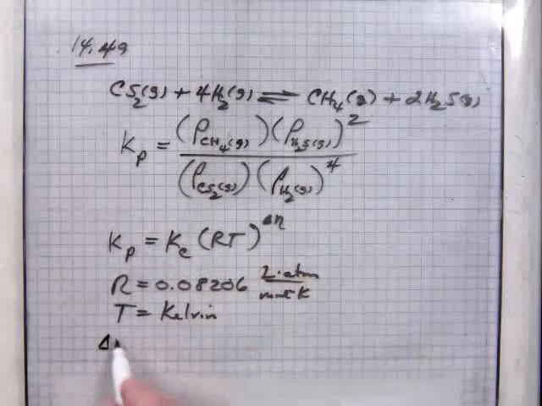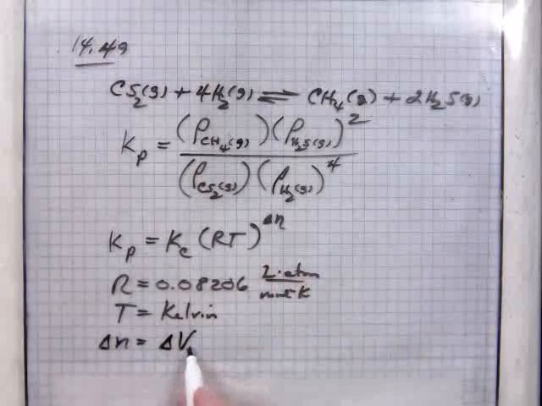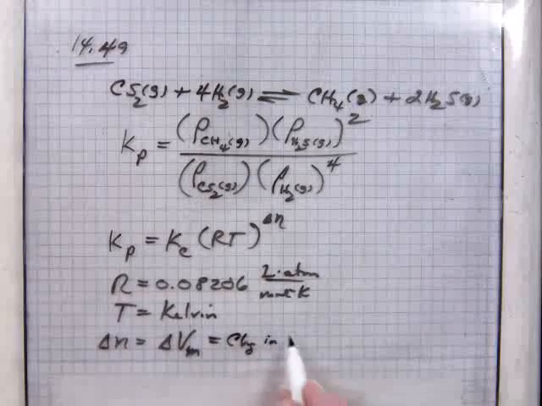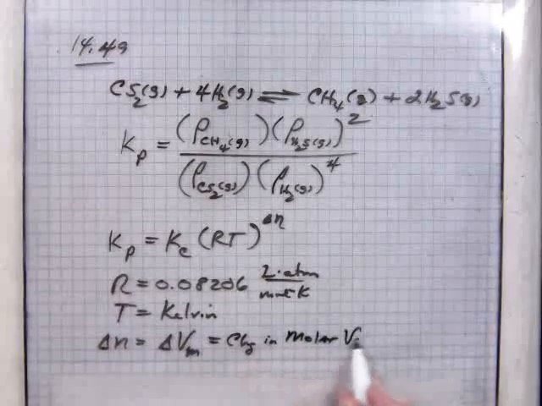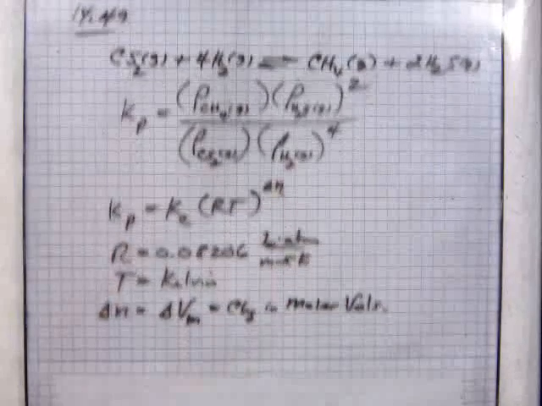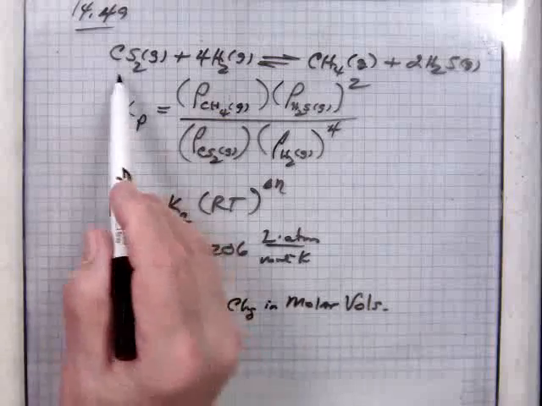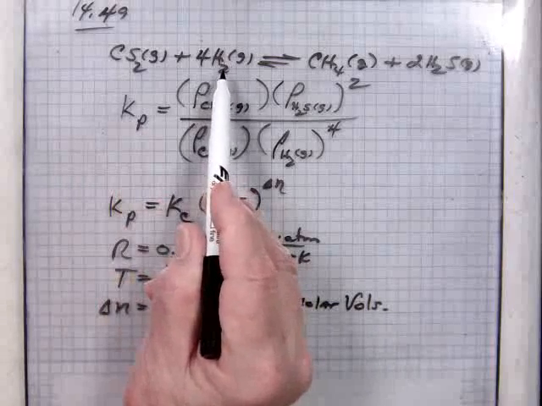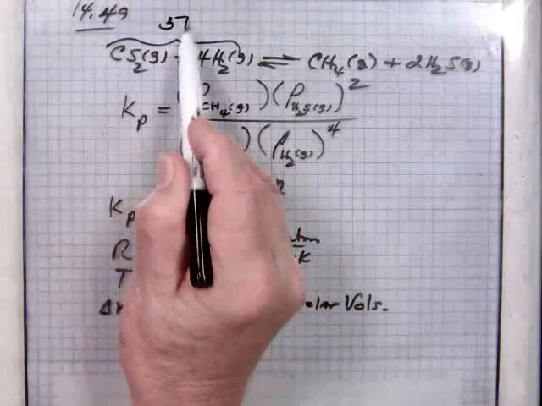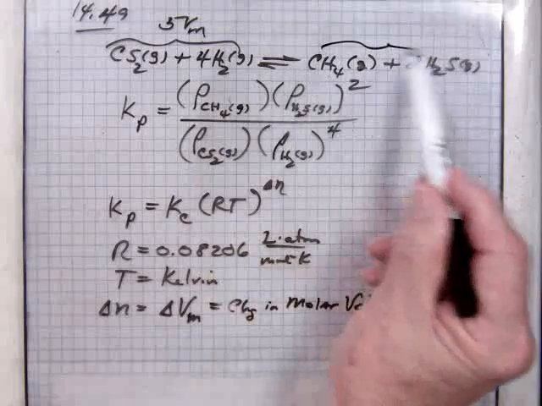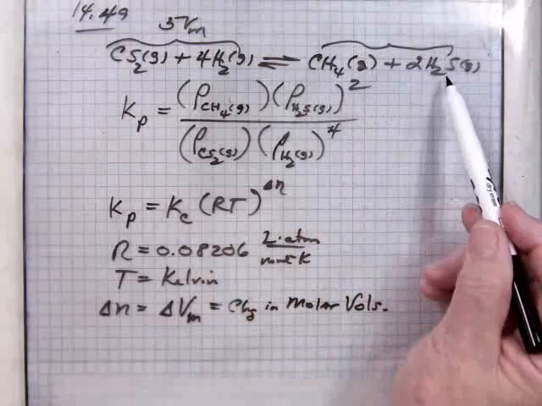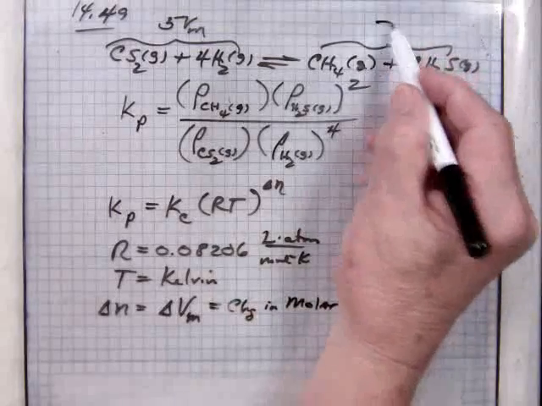Delta N is equal to the change in molar volumes. When you look at this equation up here, CS2 plus 4H2, that's 5 molar volumes here. And on the product side, we have 1 molar volume of CH4 and 2 molar volumes of H2S, 3 molar volumes.